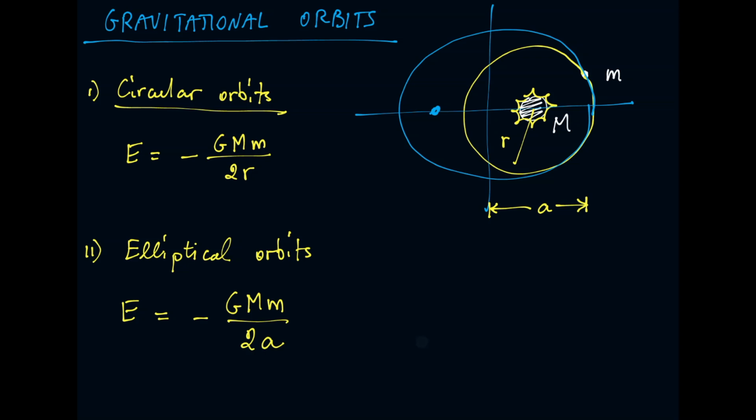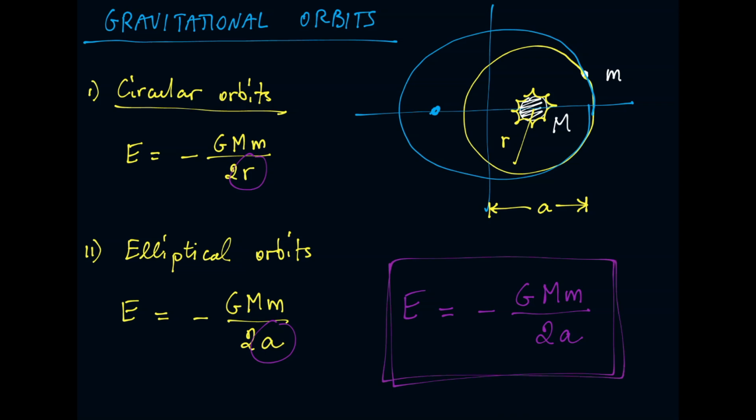All right. So given that in circular orbits the radius of the orbit is actually the same as the semi-major axis, it really looks like we found some sort of universality in these solutions, in the sense that we can write them together as simply this expression where the energy of whatever solution we found so far is equal to this expression, provided that we give the appropriate name to the semi-major axis.